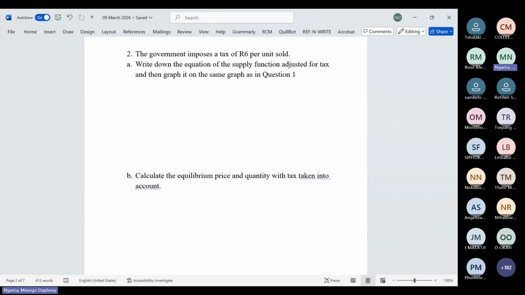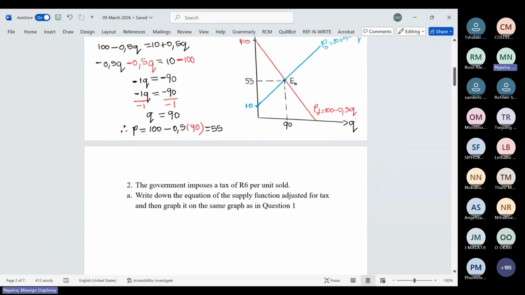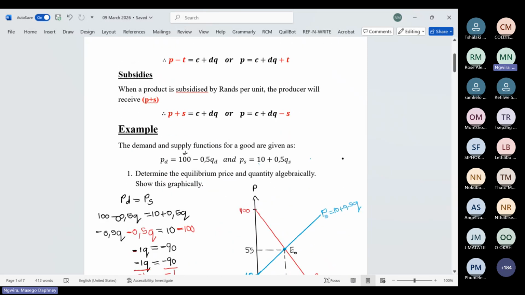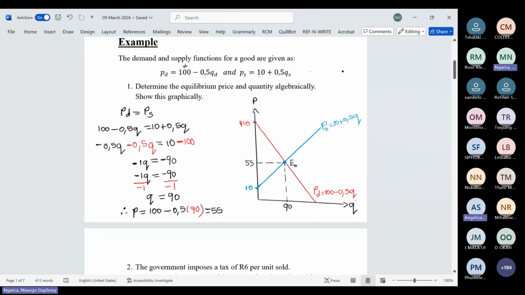So firstly, let's start by writing our equation for the supply function with the adjusted tax. If you remember, when tax is imposed on a product, we are going to have P minus T is equal to C plus DQ, using the supply function.